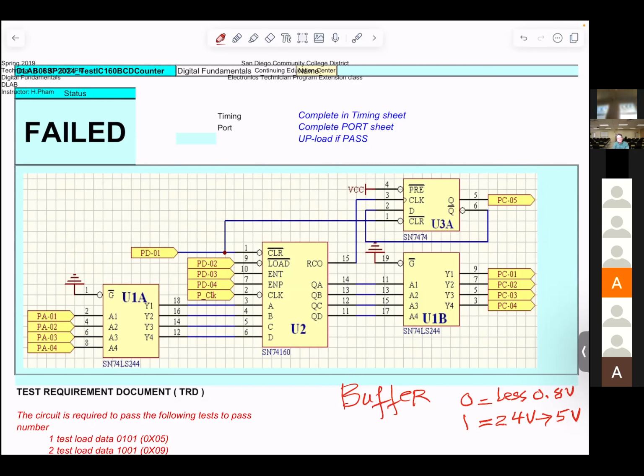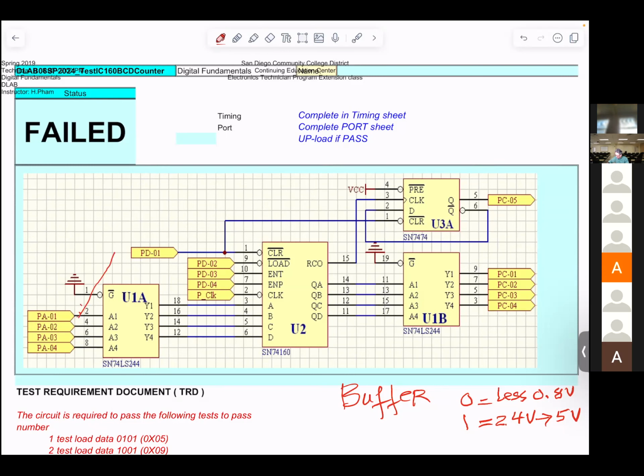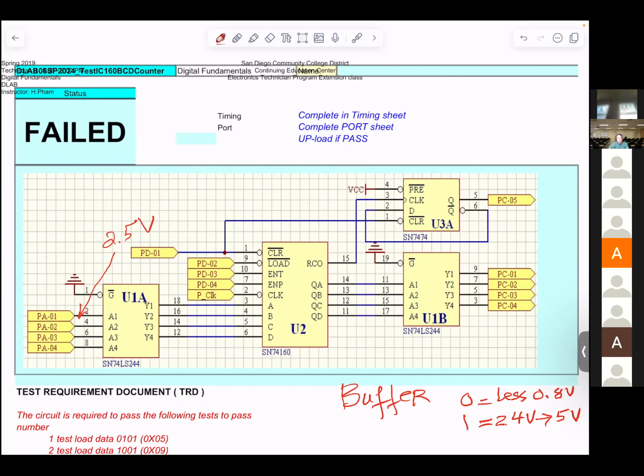And now I'm telling you, why do we need a buffer? For example, pin 1, you get 2.5 volt. What logic? 1. Okay.